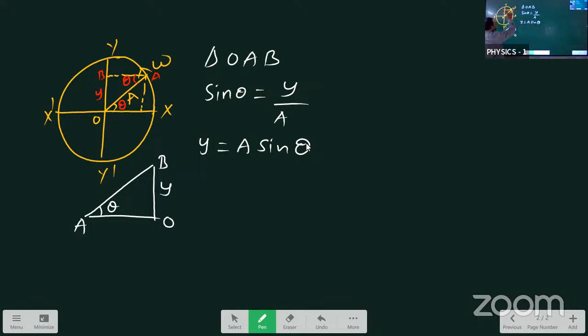What does theta mean? Angular displacement. And omega means angular velocity. You know very well about ordinary velocity: velocity equals displacement by time. Angular velocity omega equals angular displacement by time.